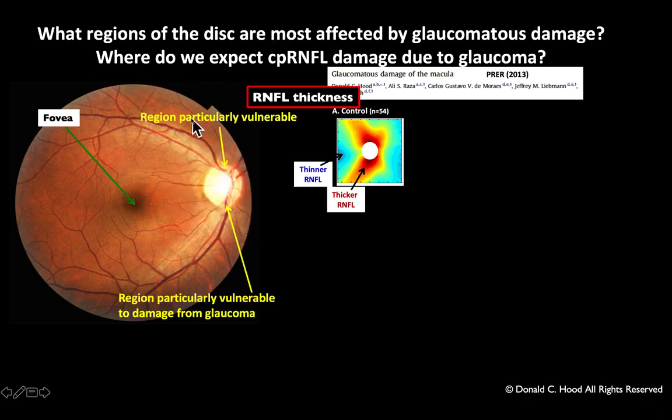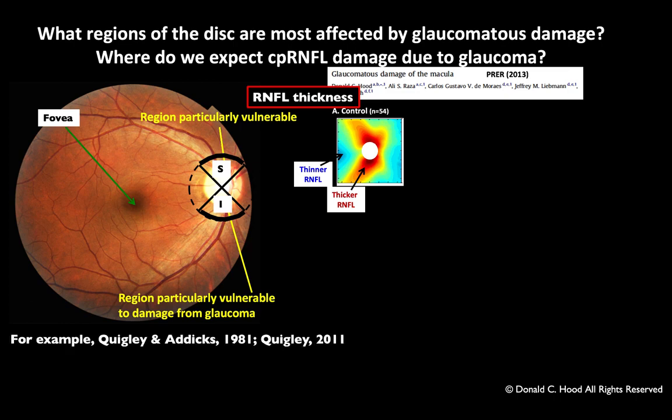Remember, from classical teaching, these are the regions that are particularly vulnerable. So if this is the superior disc, the superior quadrant is vulnerable, and the inferior quadrant is vulnerable. This was nicely shown in the early 80s by Quigley and colleagues, and there's more recent data as well.